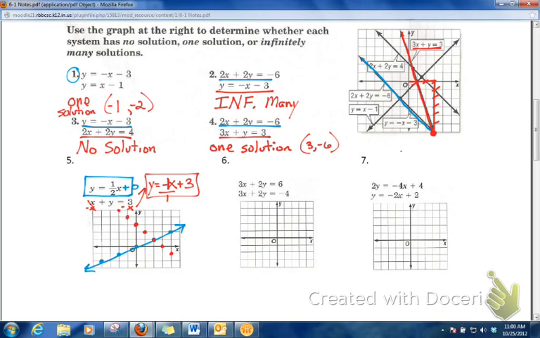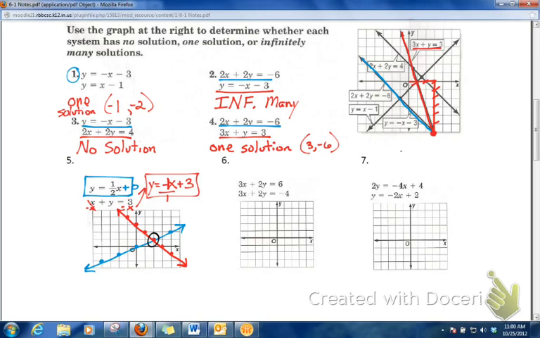Now, one thing I'm going to make you do on graphs in this section is continue to plot points, those down 1, right 1s, until you can see the two lines run into each other. Because if your lines aren't straight, you might get the ordered pair wrong. So continue to use that slope to plot all the points that you need in order for the two lines to run into each other.